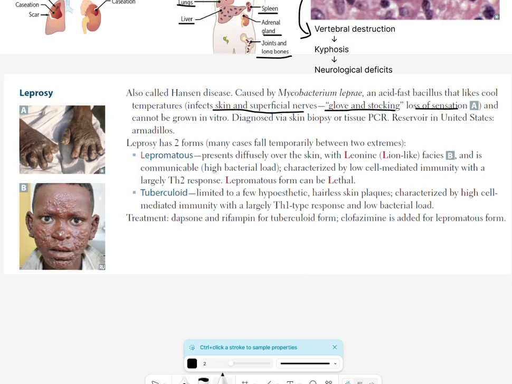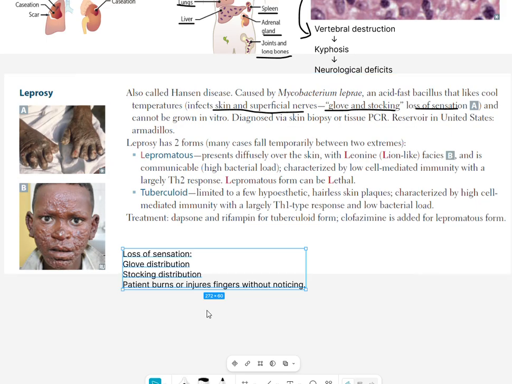A clinical clue would be loss of sensation in a glove and stocking distribution. The patient burns or injures fingers without noticing. That's how you know it's started. A classic reservoir is the armadillo. So armadillos are classic reservoirs of Mycobacterium leprae.